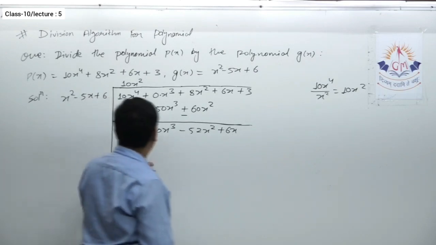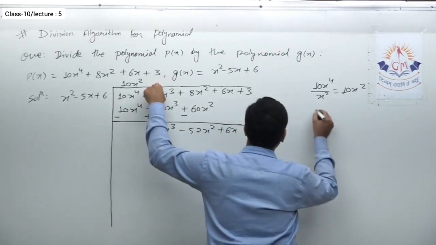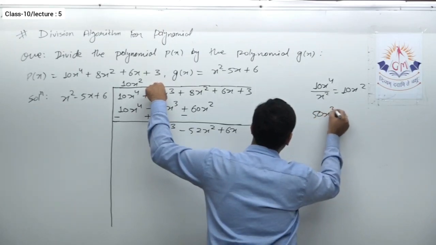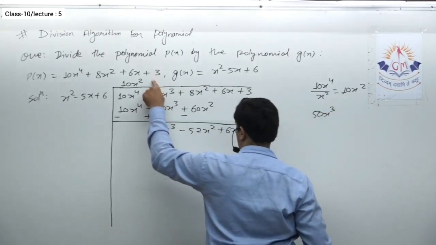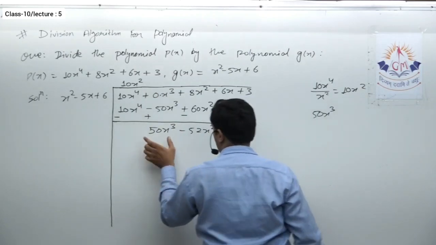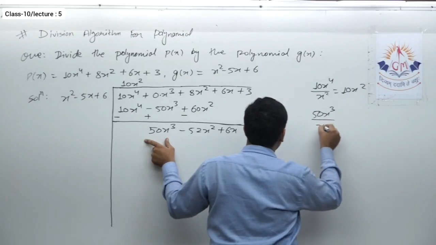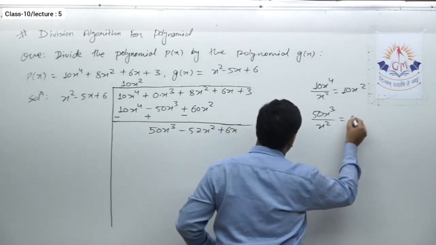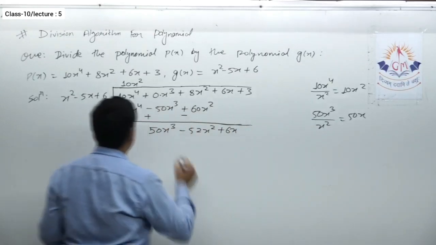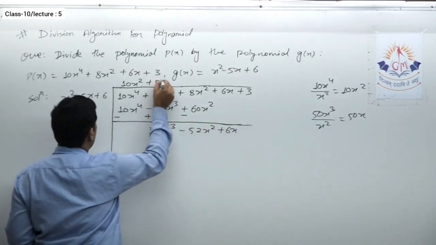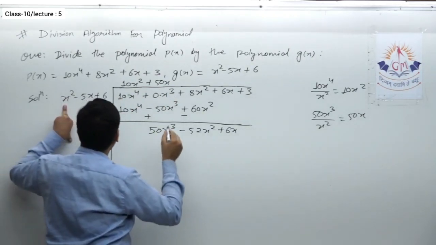Now again, to get the next term of the quotient polynomial, I divide the first term of the dividend polynomial by the first term of the divisor polynomial. So here I will get plus 50x. Plus 50x into x square gives you 50x cube.